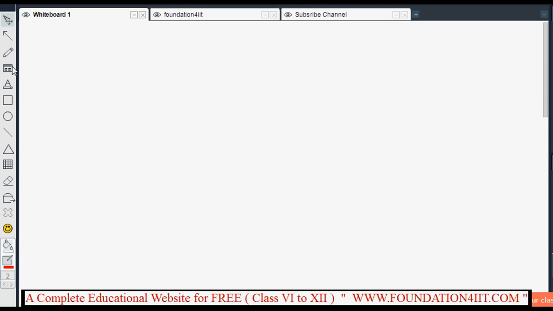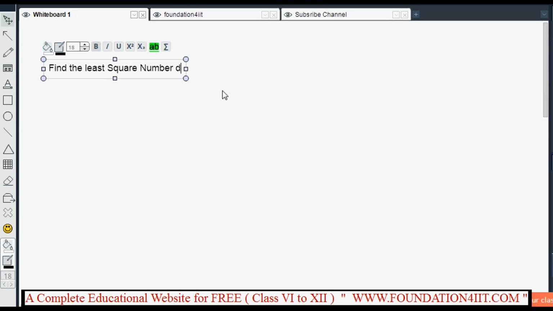One more question I'll write here. This is a little different. Find the least square number divisible by each one of 12, 15 and 20.